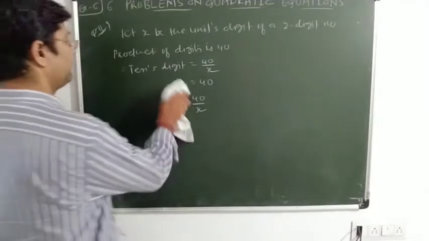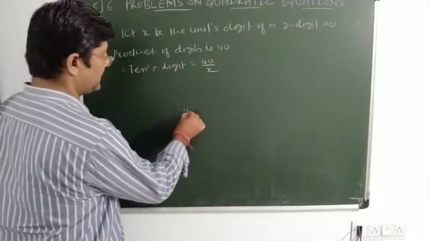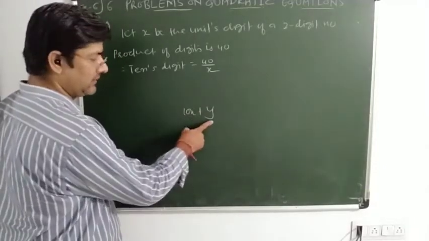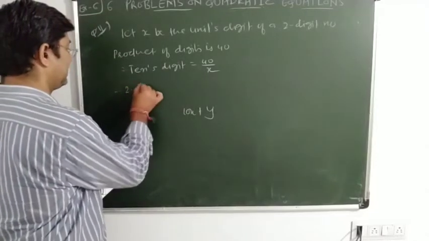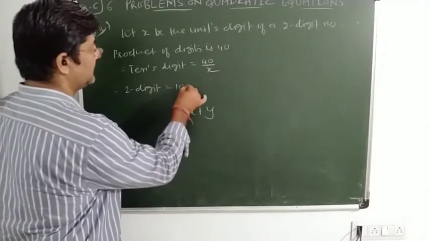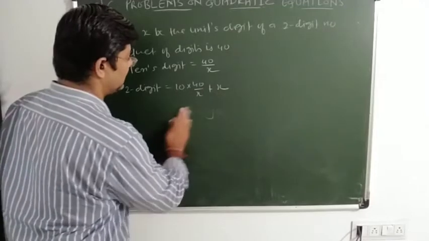Okay, and therefore now we can form the two-digit number. We know that any two-digit number is of the form 10x plus y, where x is the tens digit and y is the units digit. So the two-digit number will be 10 into the tens digit, that is 40 upon x, plus the units digit x. Clear?